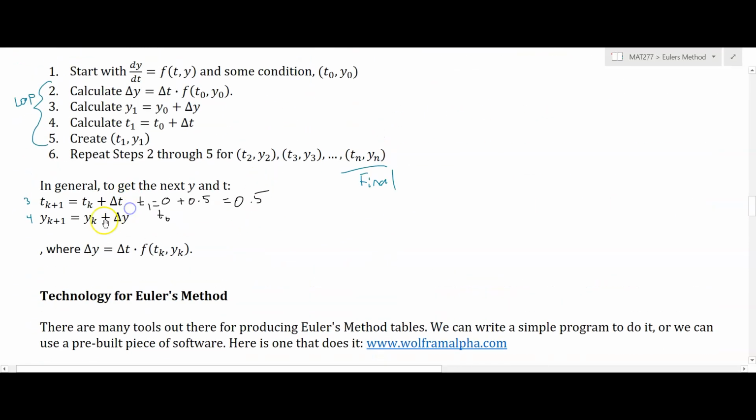Notice that these subscripts do not actually denote what value the time is, it just denotes the current time step. And delta y, recall, is given by calculating the slope, the rate of change per 1 unit time, and then scaling it by whatever our change in time is.